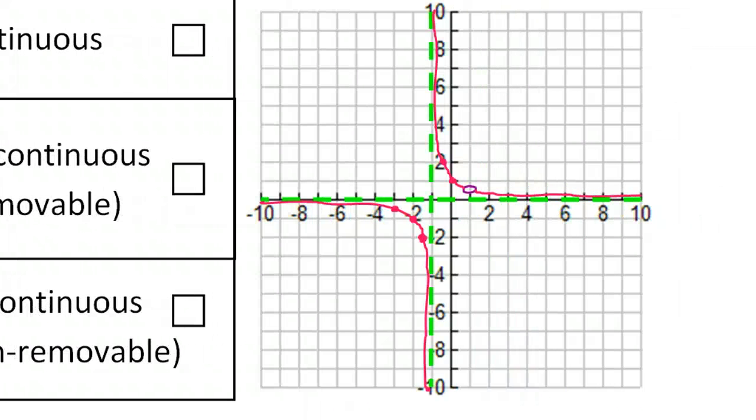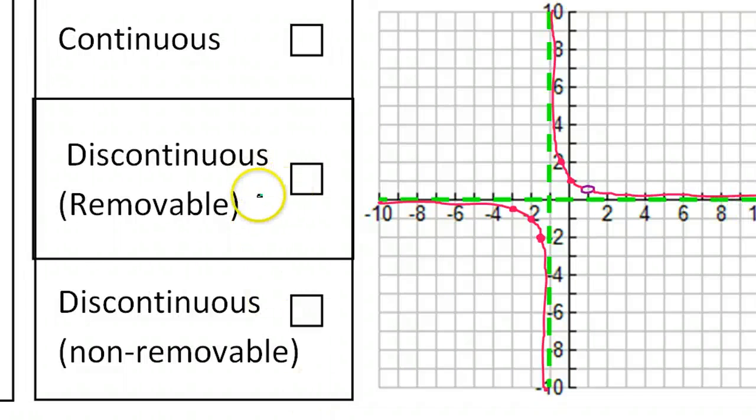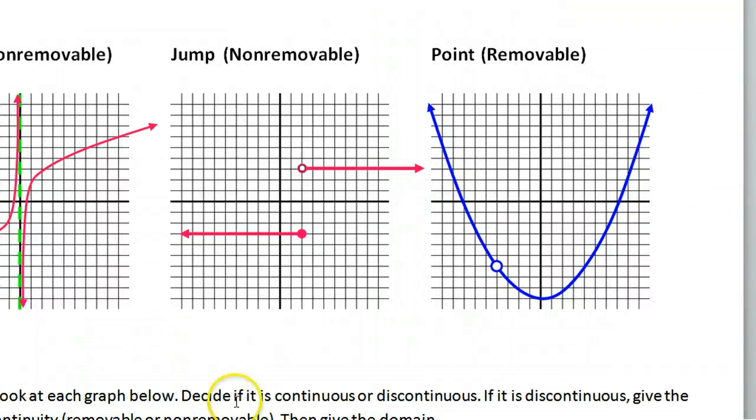Alright, a continuous graph has no break in it, so this is definitely discontinuous. Let's see, but do we have removable or non-removable discontinuities? Well, we learned in our notes that point discontinuities are removable, and all of the other kinds are non-removable.